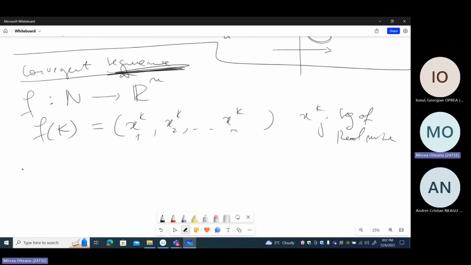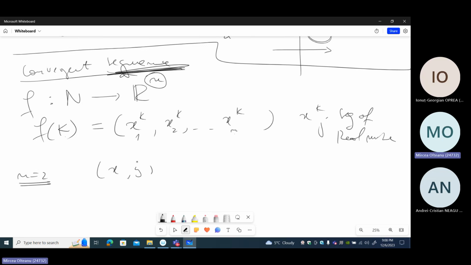For example, a sequence of 2-dimensional vectors is the following: (xk, yk). Let's put it with k. Attention, n here is occupied because of the dimension, but here we can write n.